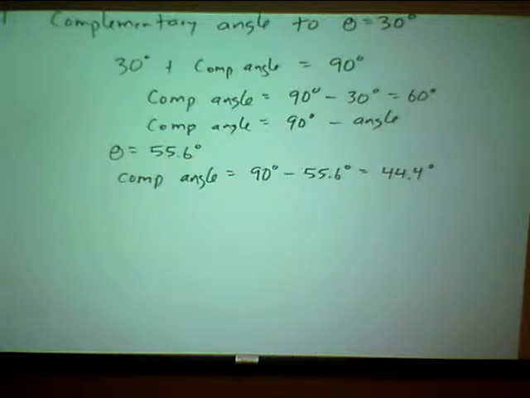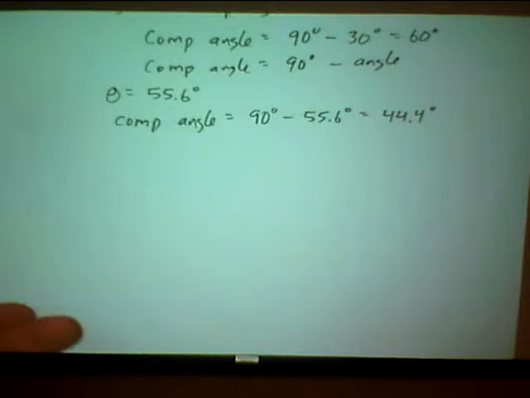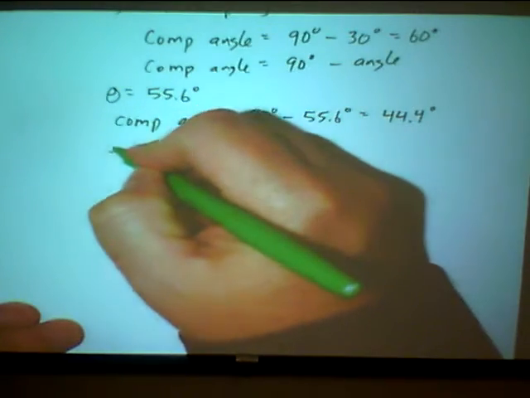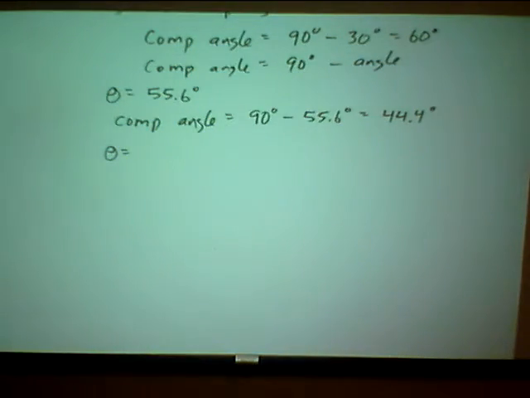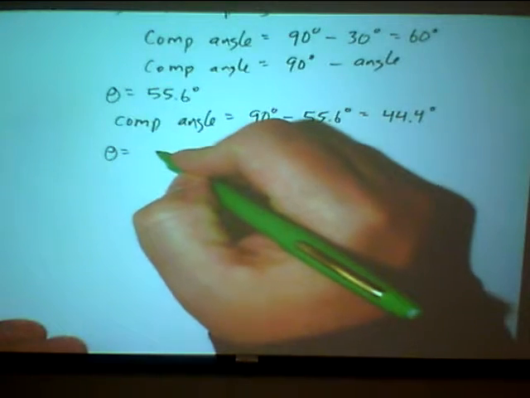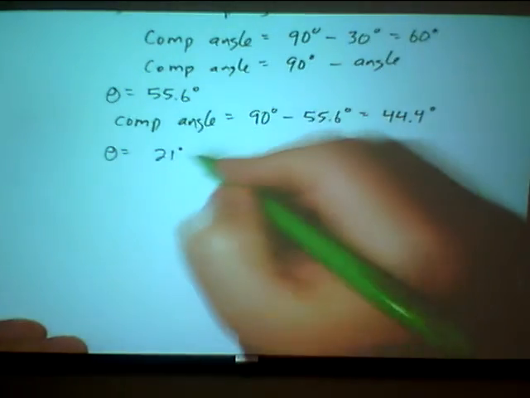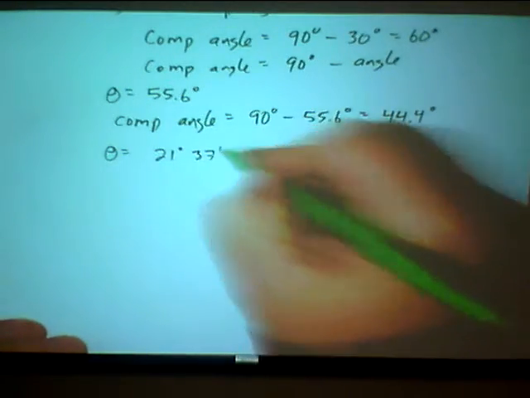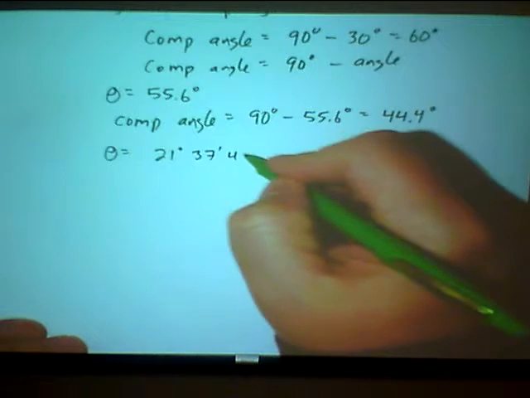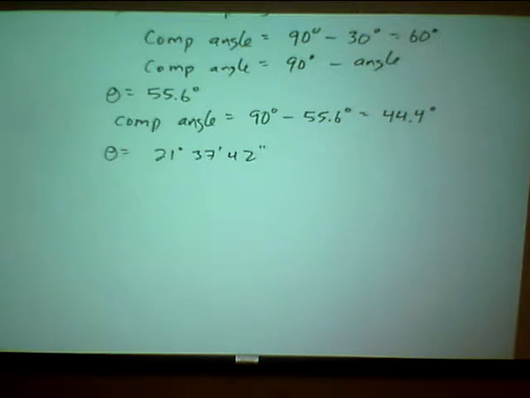Now, let's do one that's a little trickier. How about if my original angle, instead of written in degrees as a decimal, is written in degrees and minutes and seconds?